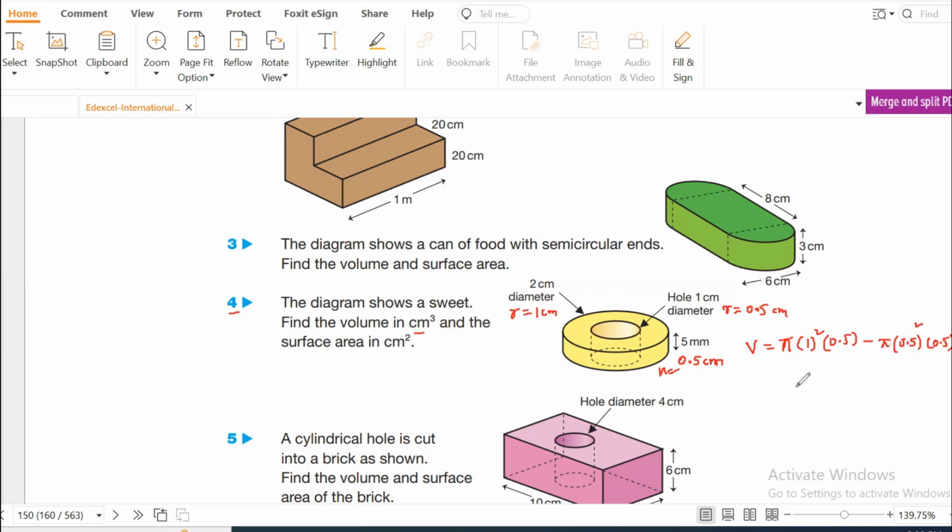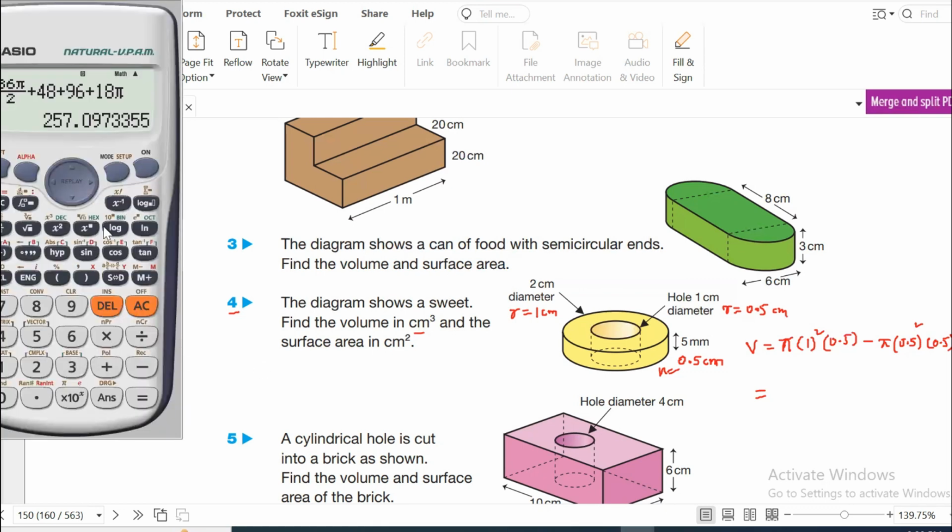After this, we can check in the calculator. First shift pi, bracket open, no need to write 1, but 0.5. Subtract, shift pi, bracket open, 0.5 whole squared, bracket open, 0.5.